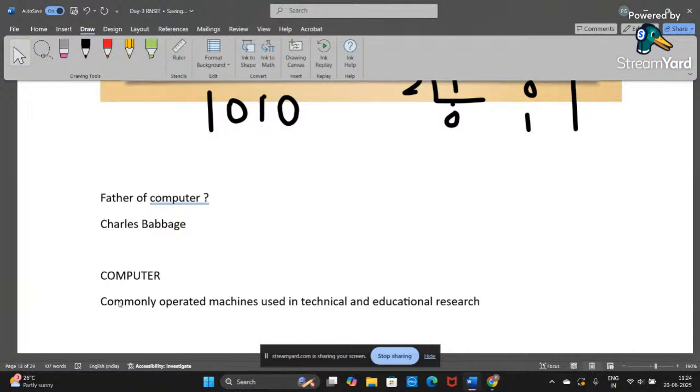This is the full form of computer. This is the abbreviation of computer. Commonly operated machine used in technical and educational research. This is the full form of computer.